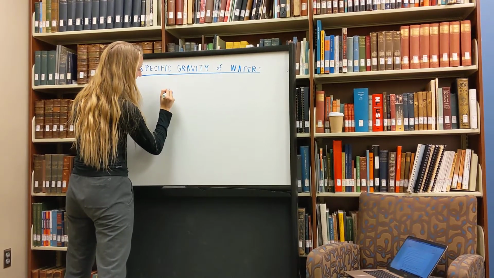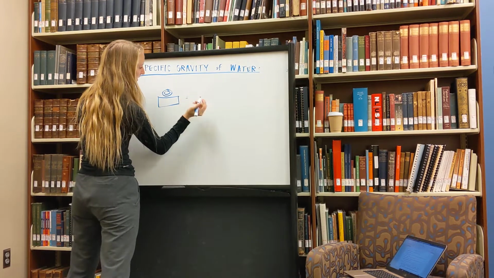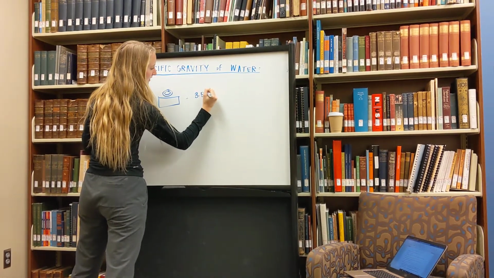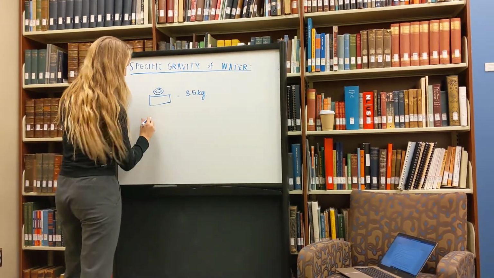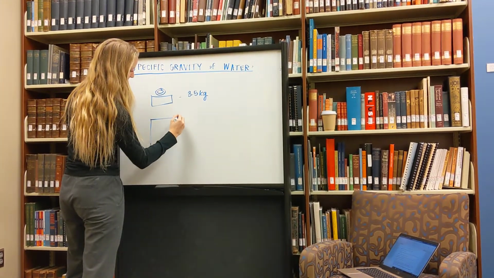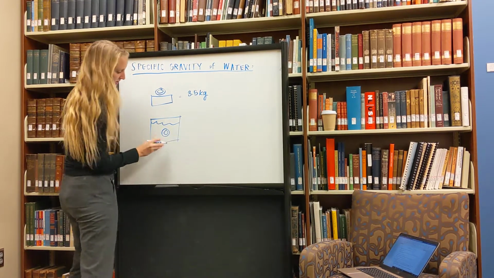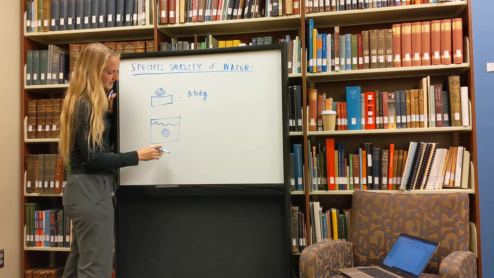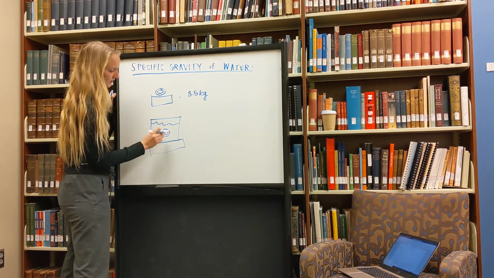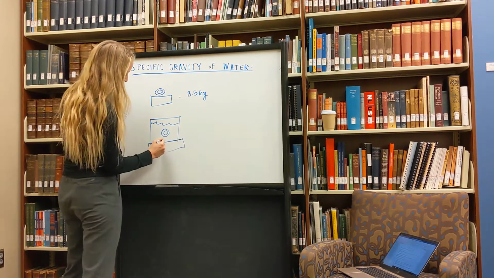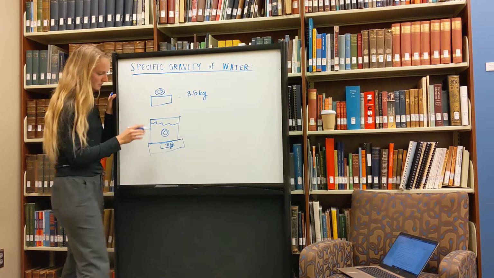So you have a ring, and you measure it on a scale. And it comes out to be 3.5 kilograms. If you want to know the specific gravity of that ring, you'll submerge it in water. Make sure it's not touching the ground or the sides. And make sure that you zeroed out the weight of the water, so you're only measuring the weight of the submerged ring. And it comes out to be 0.3 kilograms.